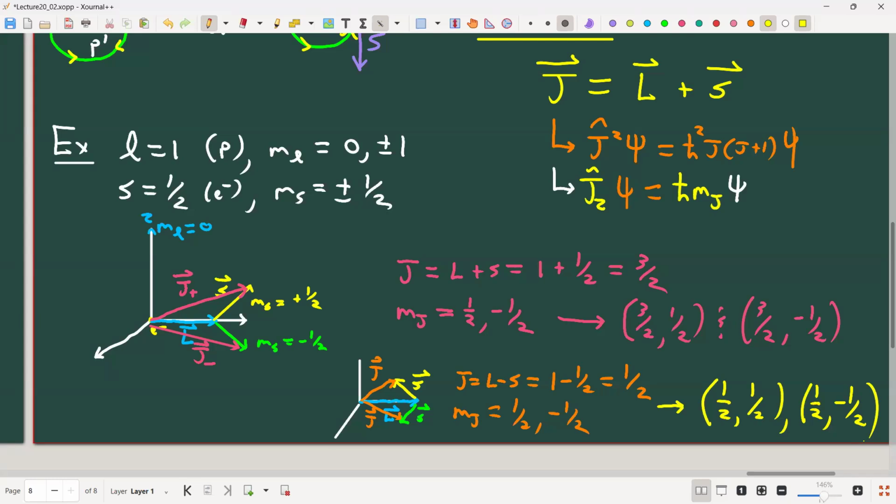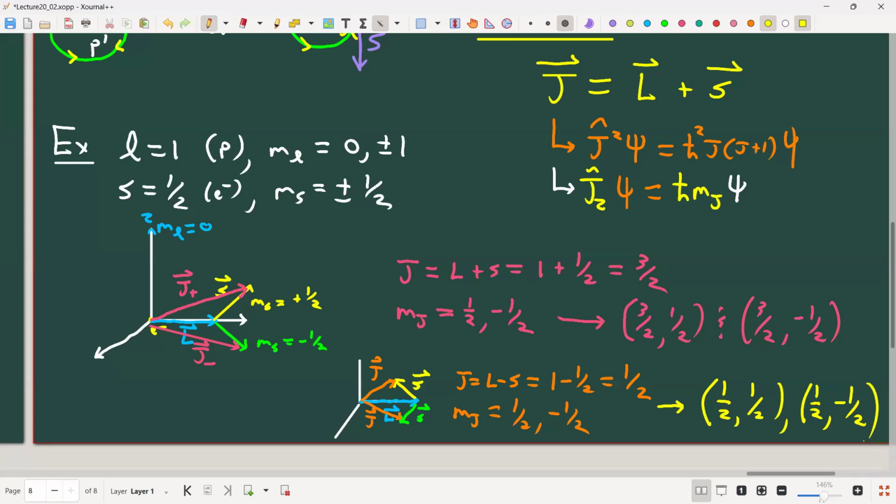But the important thing now is I'm taking a state of a given L equals 1, and by adding spin to it, I've created two new states. I've created a lot of states, a bunch of different M sub J's. But I've created two particular new J states, two new angular momentum states, one that's 3/2 and one that's 1/2.